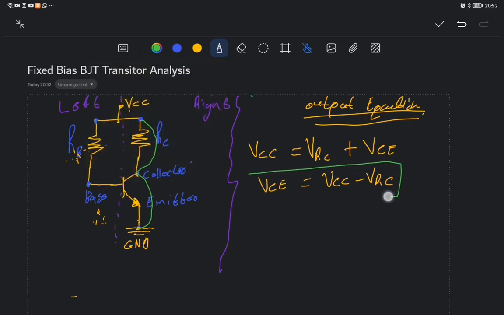You can expand that when simplifying: VCE is equivalent to VCC minus IC RC, because it's basically just V equals IR.